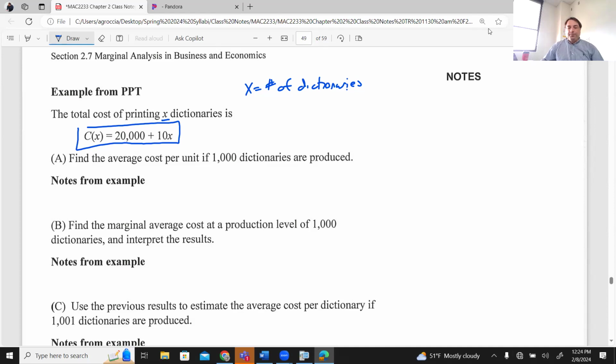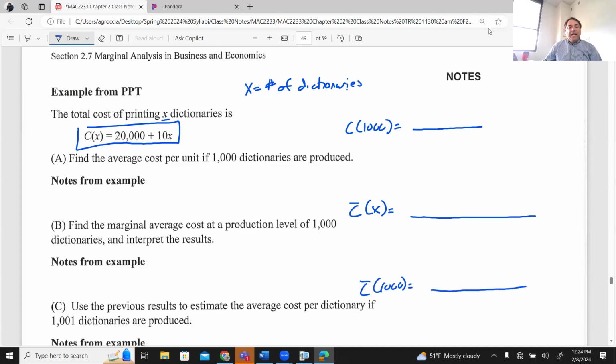What I would like you to do is find the total cost of 1,000 dictionaries, find the average cost function, and then the average cost of 1,000. I'm just giving you a little head start. I haven't taught it yet. See what you figure out.